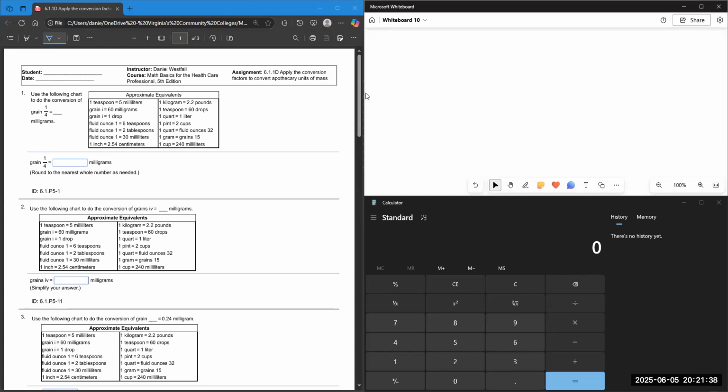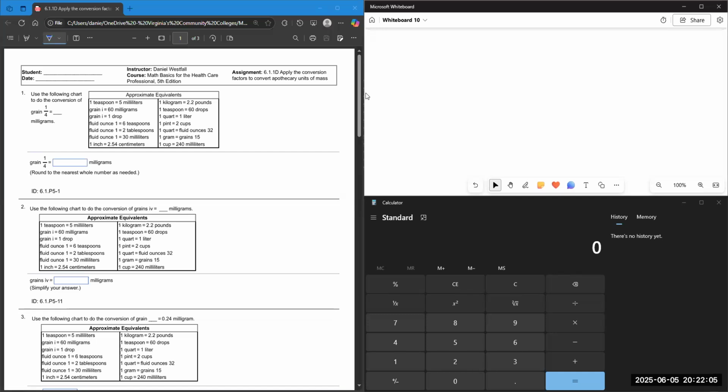Apothecary units have the unit name out front. You saw that already with fluid ounces, where I used a more modern way of putting the unit afterwards with the abbreviation FLOZ, but the exercises were writing fluid ounces and then writing the number.